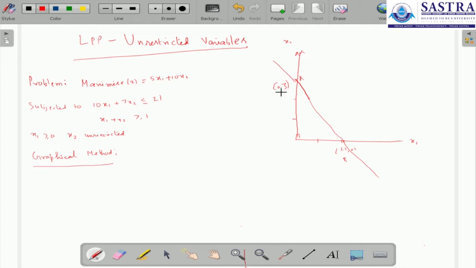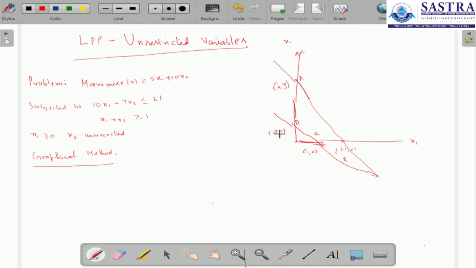Now coming to the next inequality, if I set x2 to 0, x1 will be 1, that is this point. If I set x1 to 0, x2 will be 1, that is this point. I have to draw these two lines, call this as C, which has coordinates 1 comma 0, and this as D, which has coordinates 0 comma 1. So this is the line joining these points.